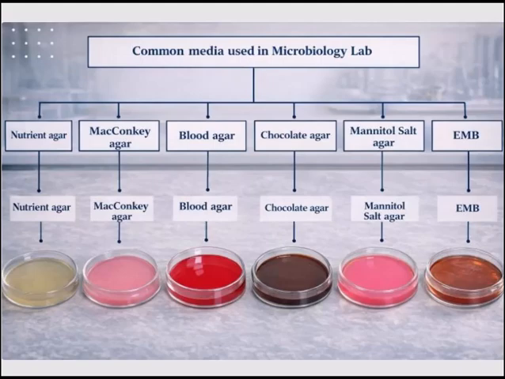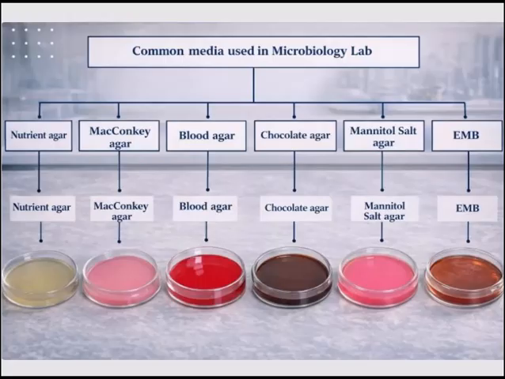The second one we have is MacConkey agar. MacConkey agar is selective. See? Nutrient agar is non-selective. MacConkey agar is a selective and differential medium. Selective means only one type of bacteria can grow on this media and it inhibits the other types of bacteria.